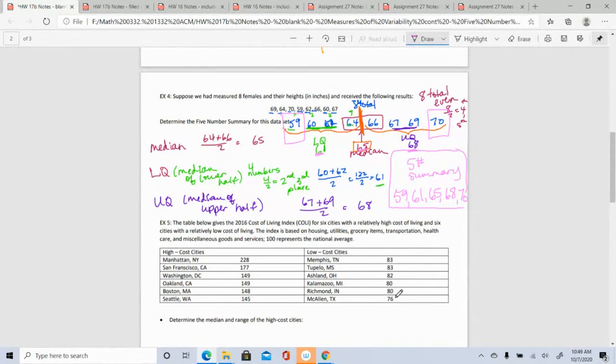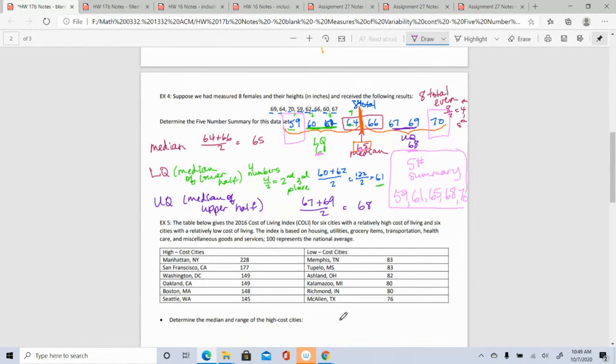Example 5. Now they're giving you 2 lists of numbers here. It says the table below gives the 2016 cost of living index for 6 cities with a relatively high cost of living. So their high cost is over here. And 6 cities with a relatively low cost of living. So we want our cost of living to be low.